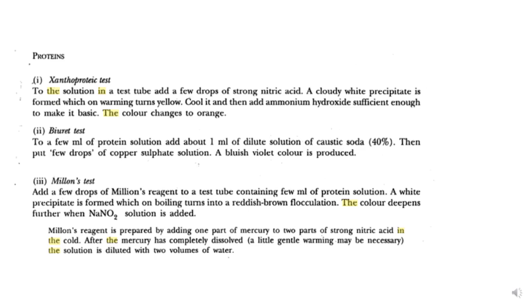A white precipitate is formed, which on boiling turns reddish brown, and the color deepens when we add NaNO2. Millon's reagent is prepared by adding one part of mercury to one part of strong nitric acid, and it is also commercially available, so we can directly buy it.